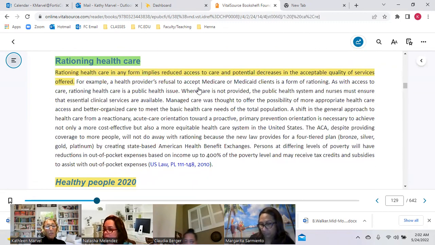And then rationing of healthcare in any form implies that you have reduced access to care and probably not the highest quality of care as well. So those are four pretty big issues.